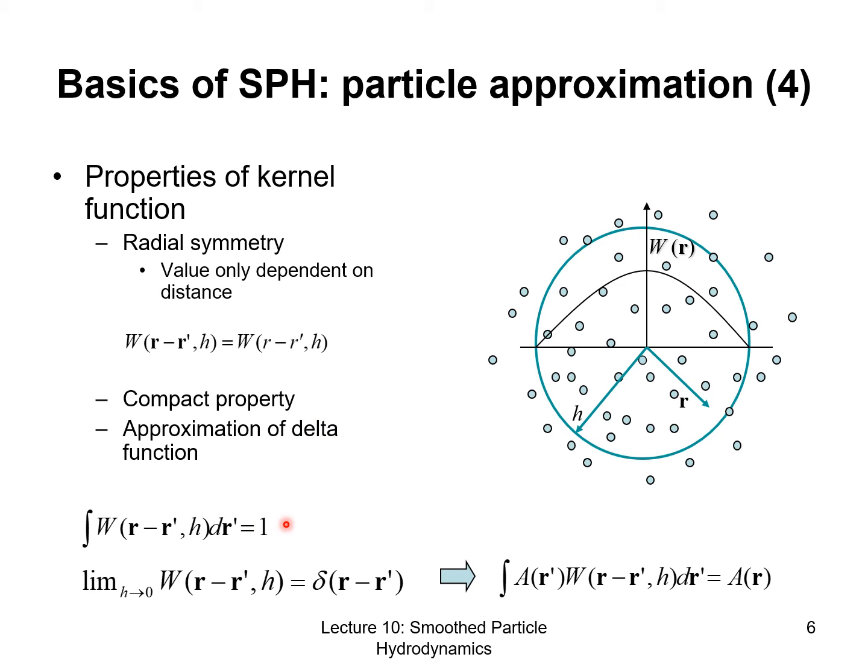That property makes this kernel function actually an approximation of the Dirac delta function. Because we know the Dirac delta function has the property that its integral over the entire space is 1. But the Dirac delta function is more like a function with a very high peak pulse. So this is the delta function.